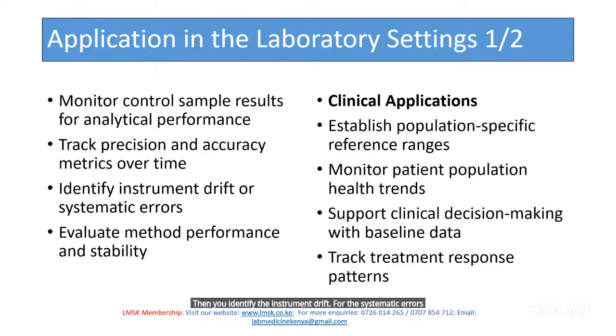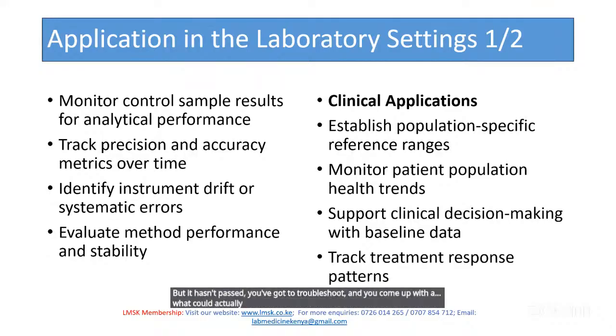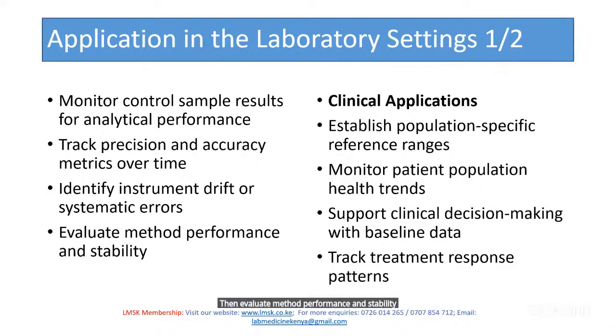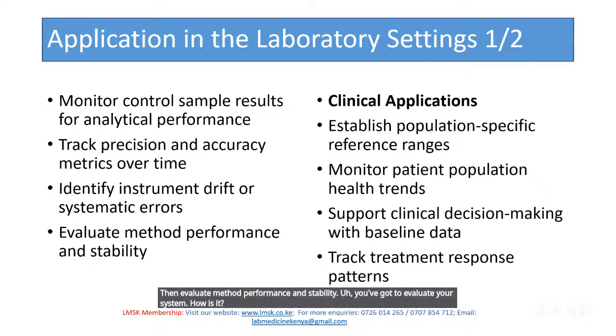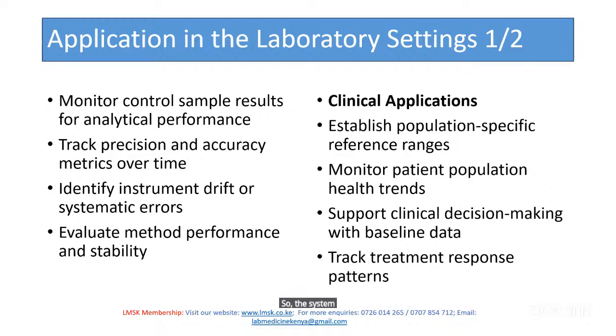For systematic errors, maybe you've done a control and it hasn't passed, so you've got to troubleshoot and come up with what could be the cause. Then evaluate method performance and stability. You've got to evaluate your system. In system evaluation, you have to come up with the predictive value negative and predictive value positive.